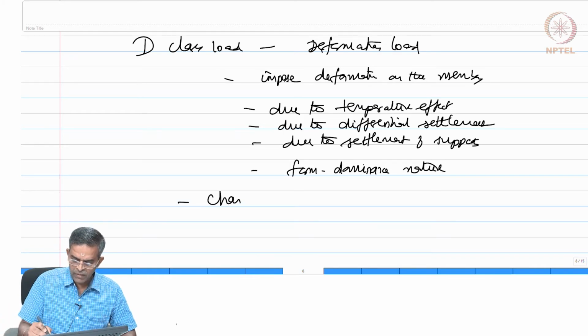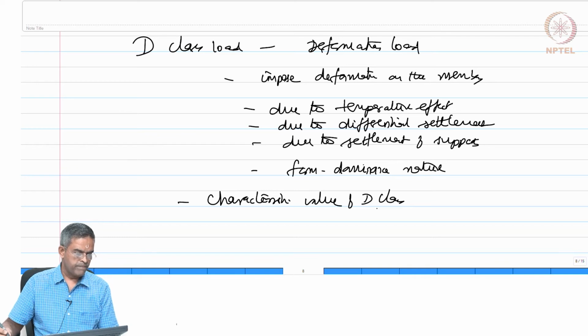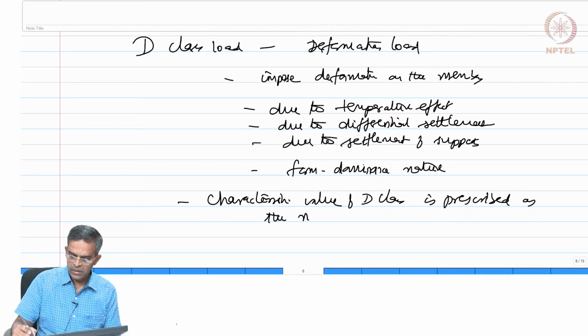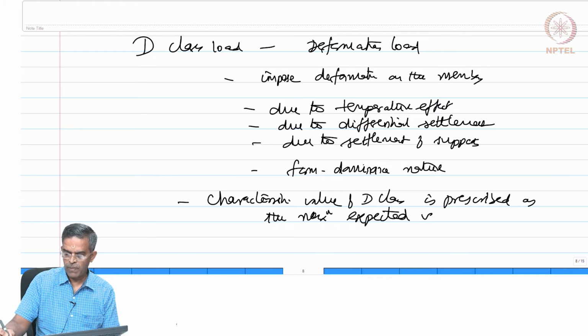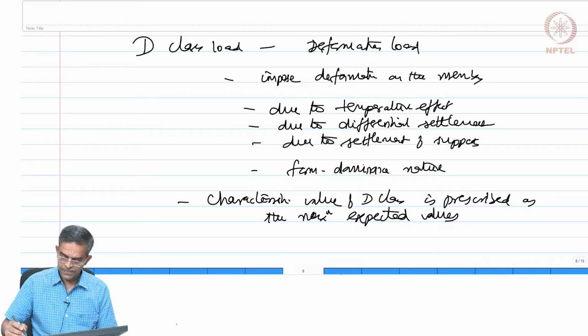So, the characteristic value of D class is prescribed as the maximum expected values. Okay, it is an upper limit.